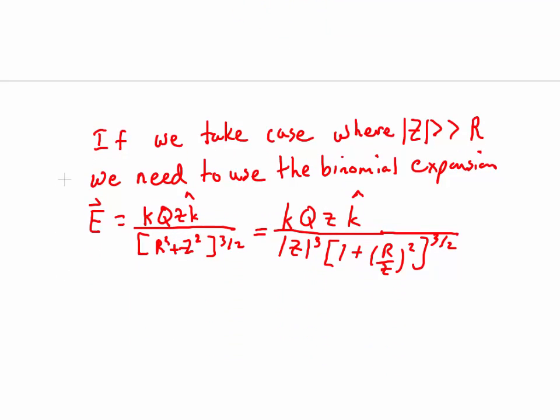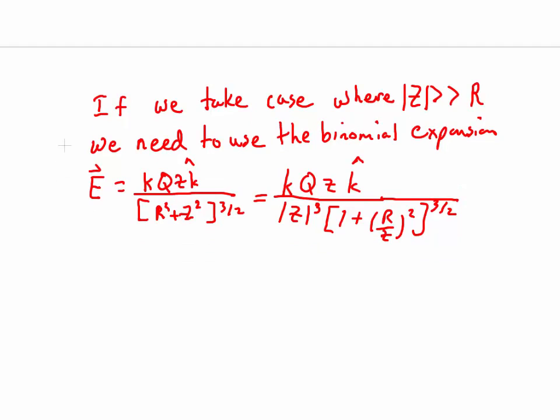If all we care about for a minute is the magnitude, we can simplify the z over the absolute value of z cubed, since we don't care about the k hat, we don't care about the direction.